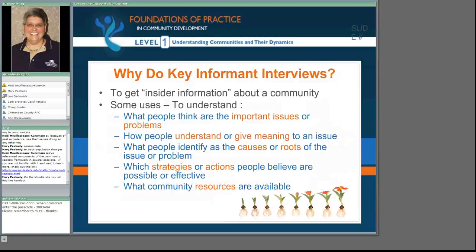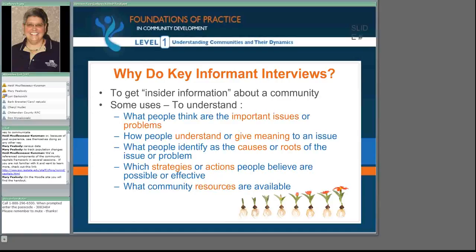Key informant interviews can also help you figure out, are there resources available in this community that can be mobilized? If we could find an action strategy, can we use it? Is there an action strategy that will mobilize local resources, meaning people will be willing to invest themselves in this opportunity of change?